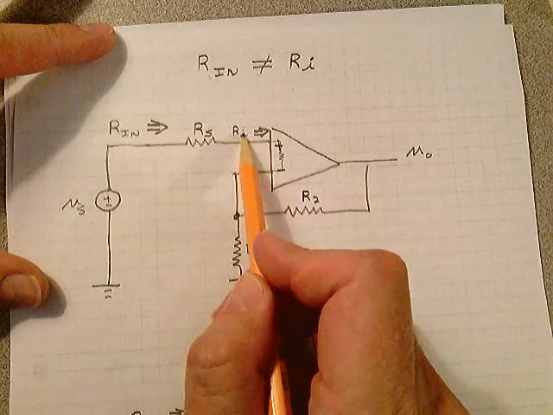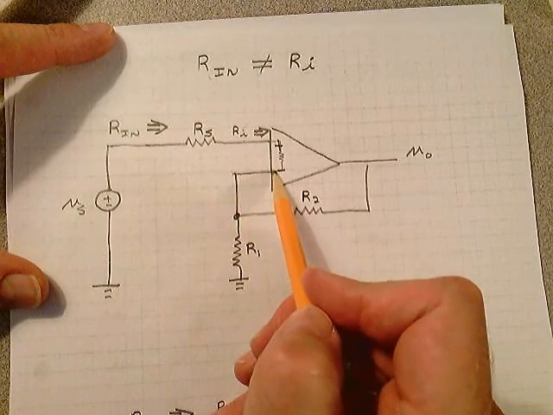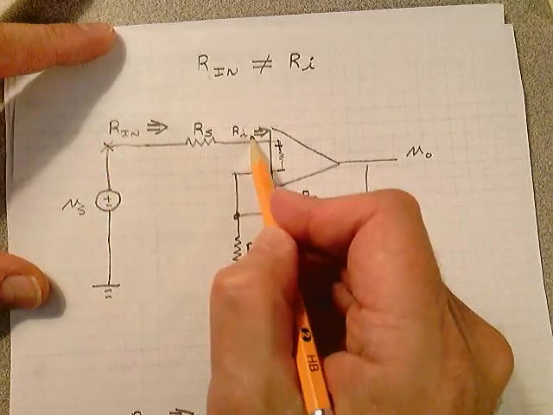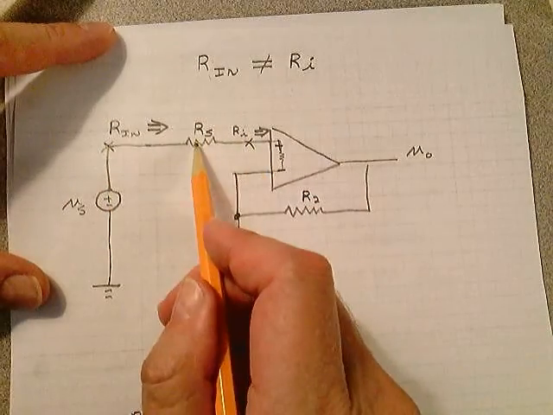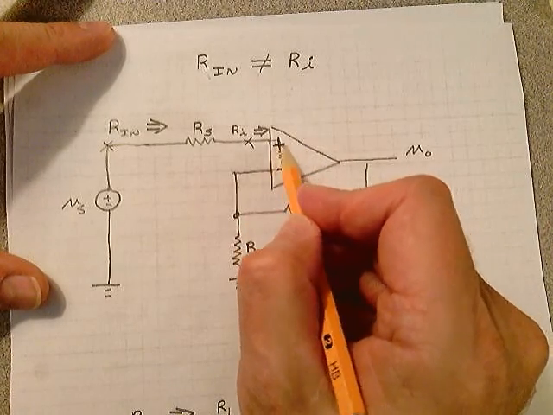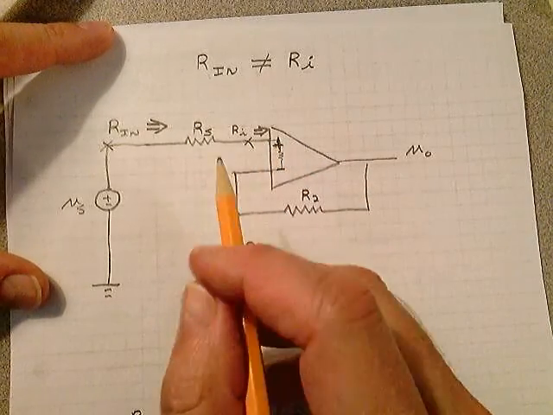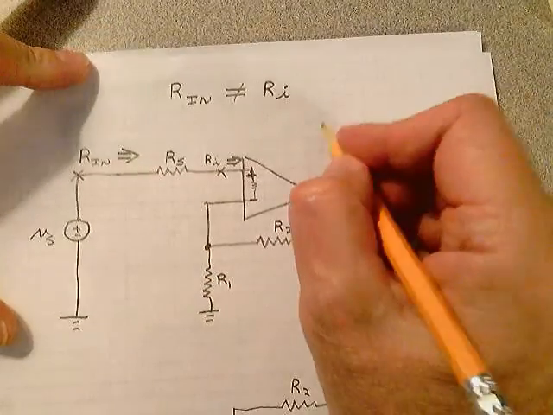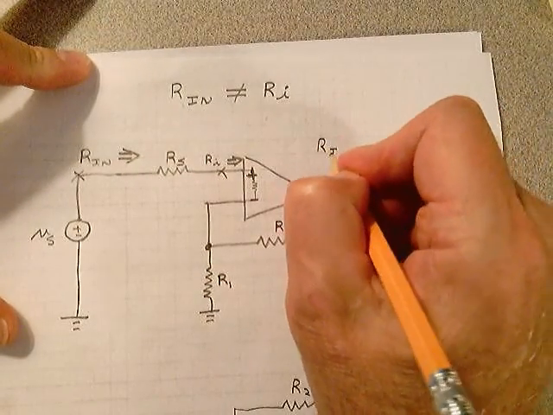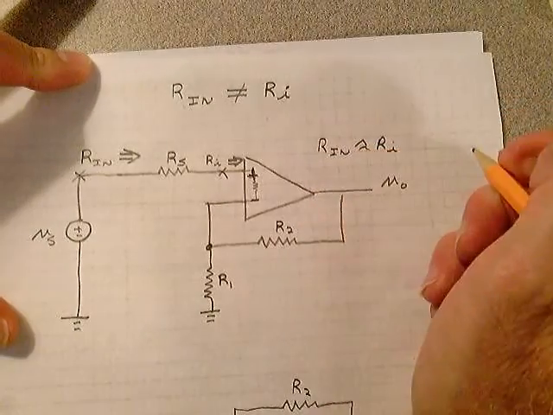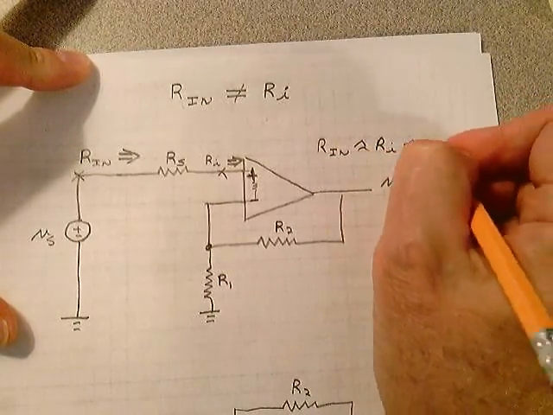And since Ri is infinity, and the only thing between this point and this point is Rs, Rs is negligible. So do you see when you look at all your non-inverting amplifier circuits, Rin is approximately equal to Ri, which is approximately equal to infinity ohms.